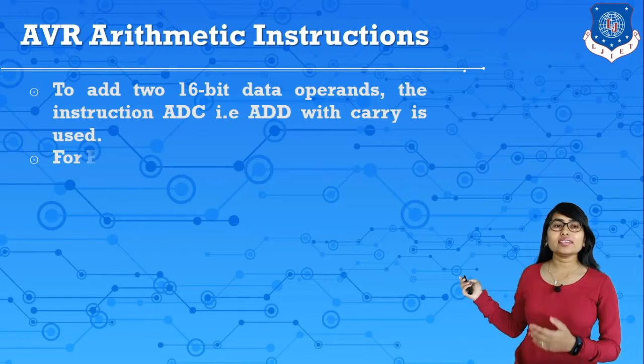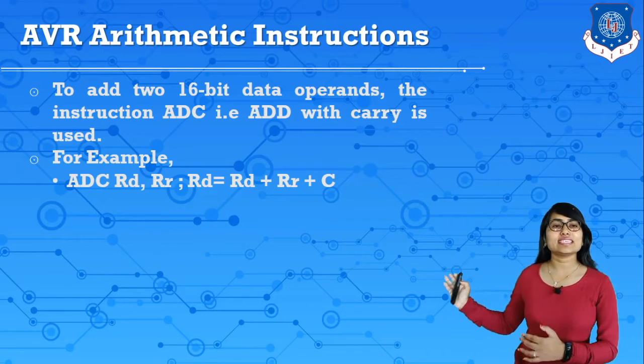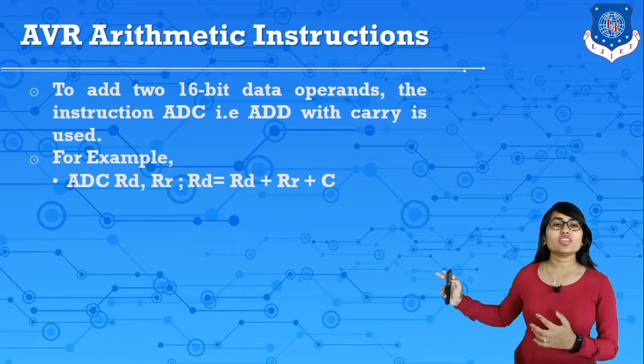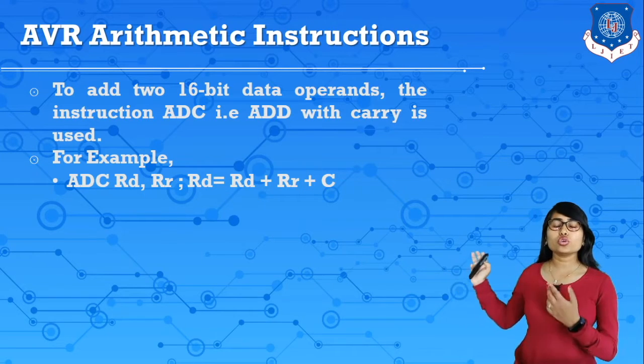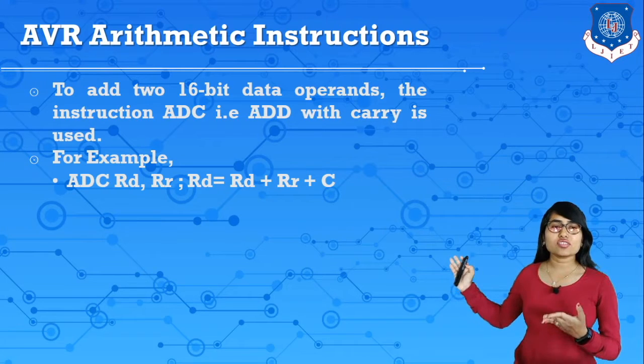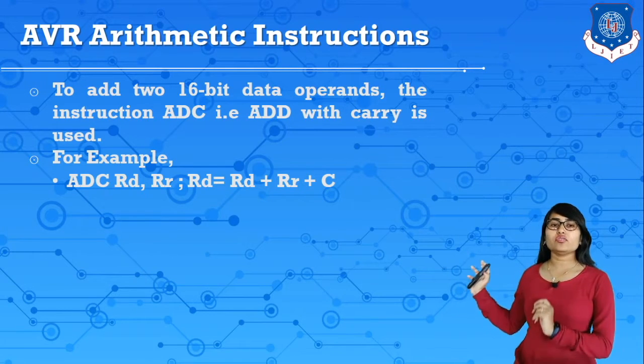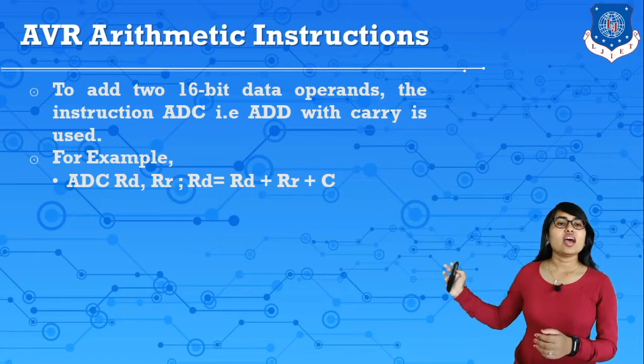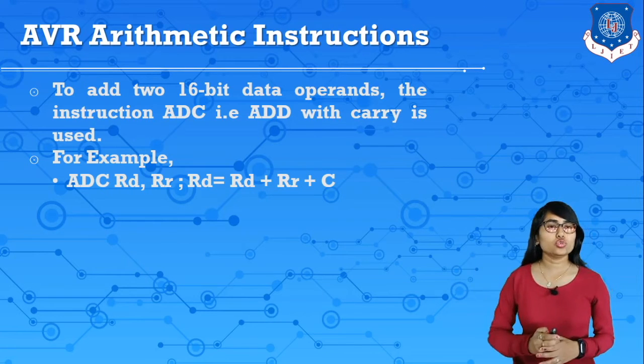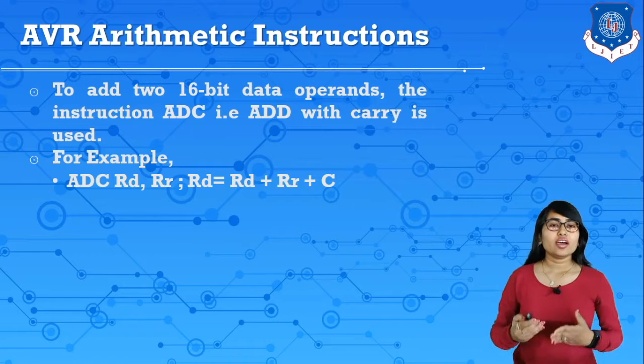So to add them, the ADC instruction is used. Here, with two registers, in the destination register the content of Rd plus Rr plus the value of C is stored, and this instruction is used for 16-bit data.